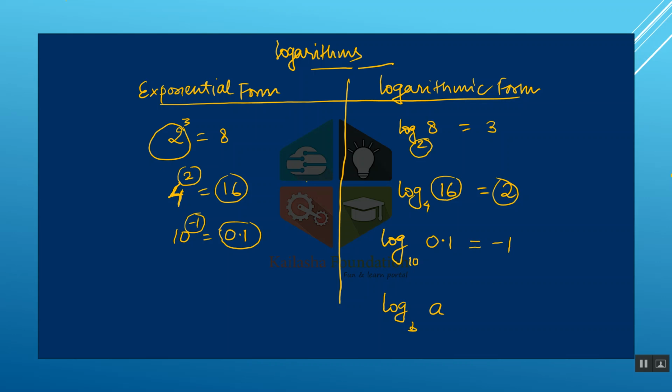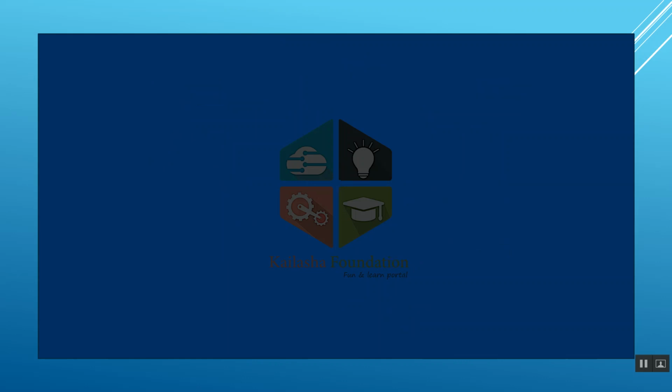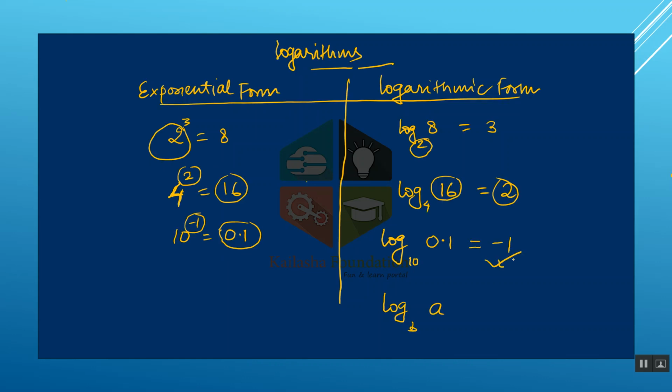The input and base cannot be negative in log. I hope you are getting my point. The output can be negative like this, the output can be negative, but the input or base, neither of them can be negative.